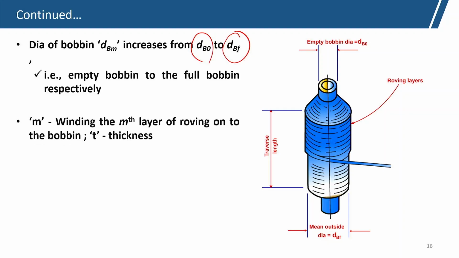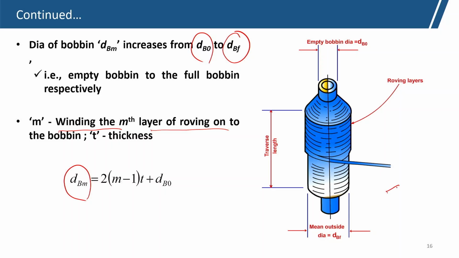M is the winding layer, the mth layer of the roving on the bobbin. T is the thickness of the roving. If these are known, then we can get the dBm.